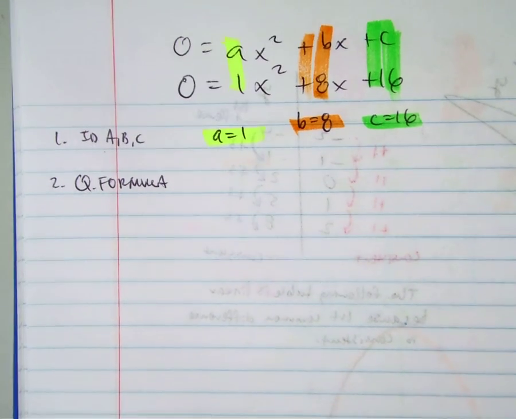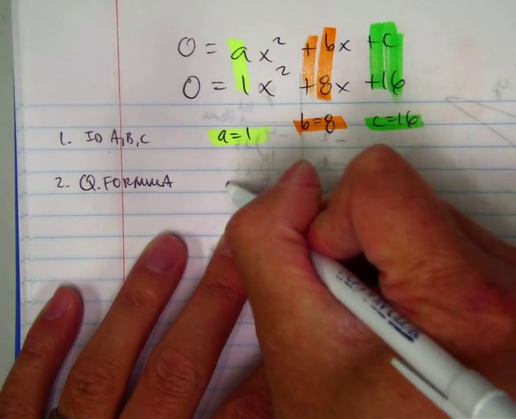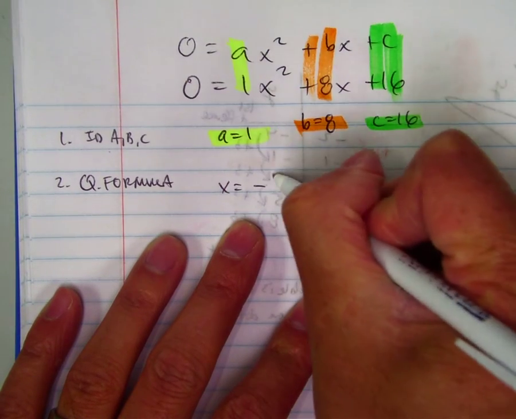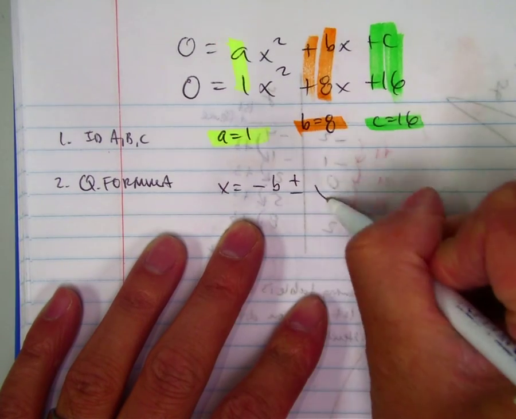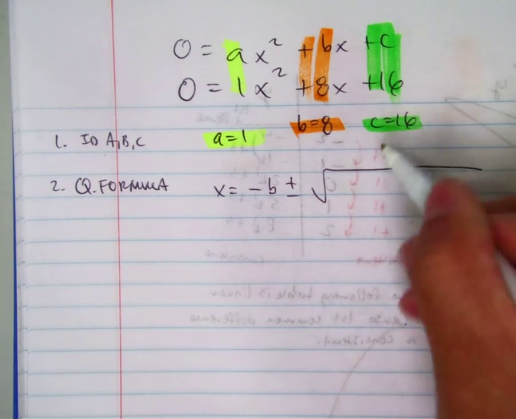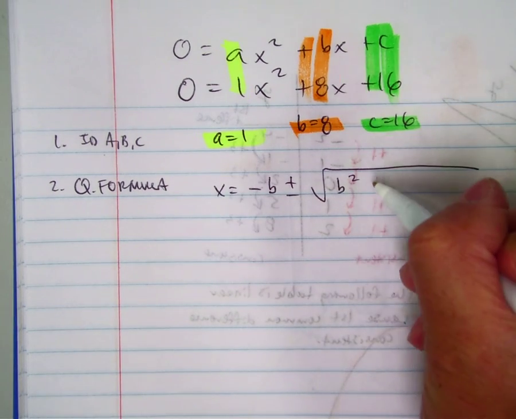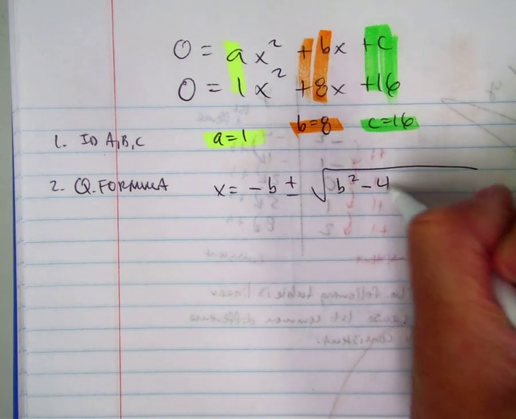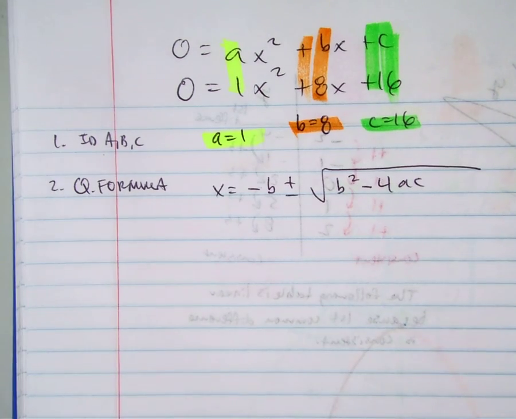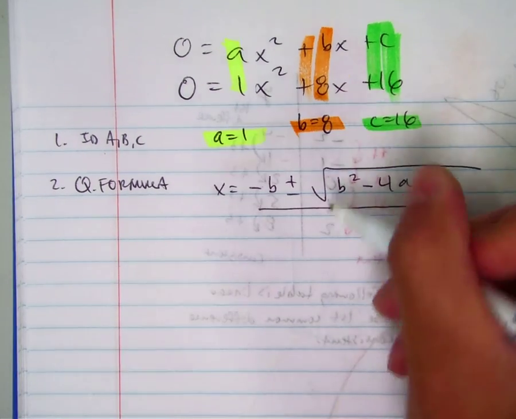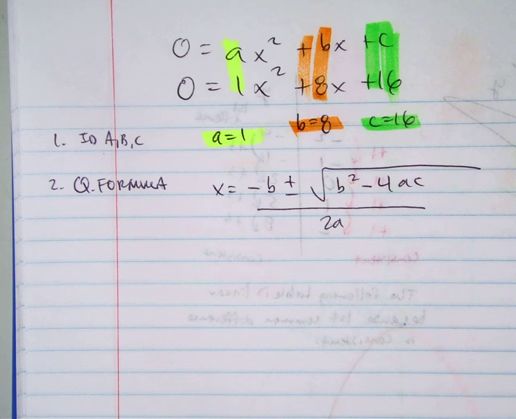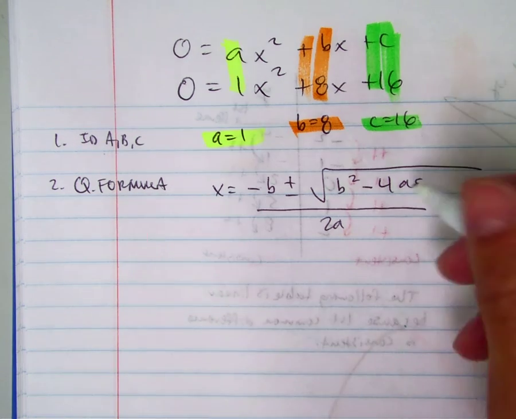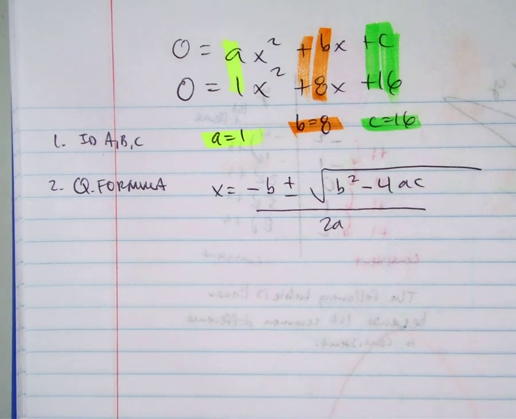Boys, what is the quadratic formula? Over 2a. So that's how you're going to get your 2 points out of 4 on our free response, is writing down the quadratic formula.